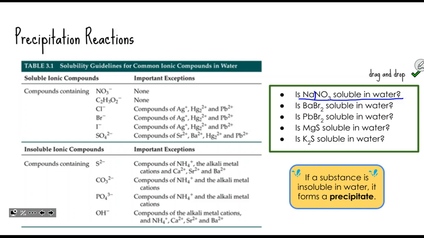What type of metal is sodium? Sodium's an alkali metal. Guess what? Alkali metals are always exceptions. But also, we have nitrate here. Guess what? Nitrate is always soluble. So sodium nitrate is yes. That one is definitely soluble in water.